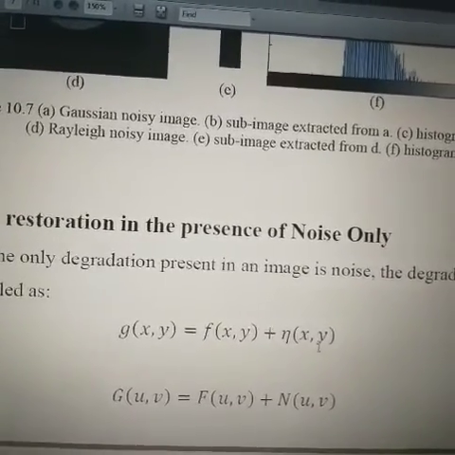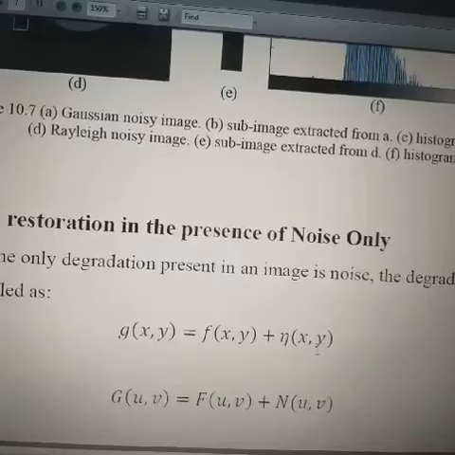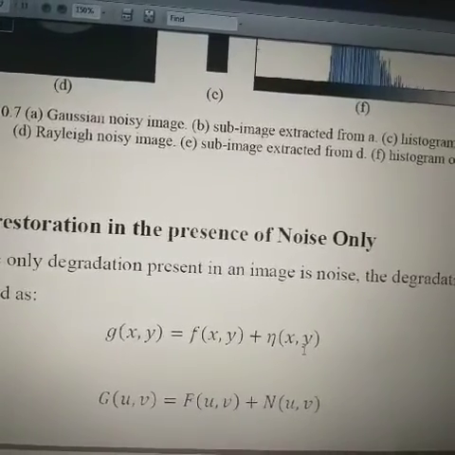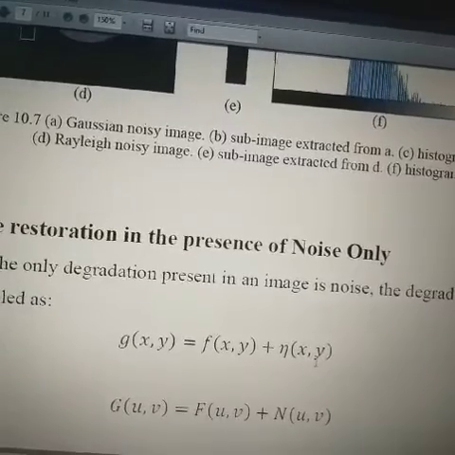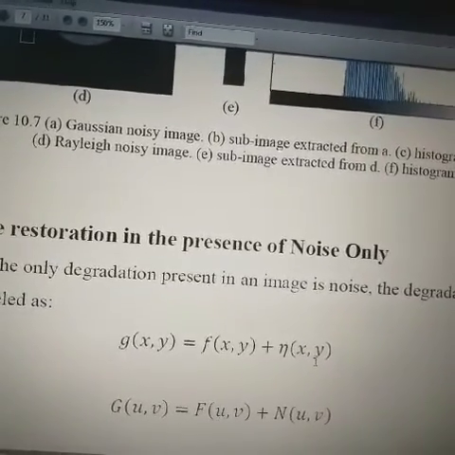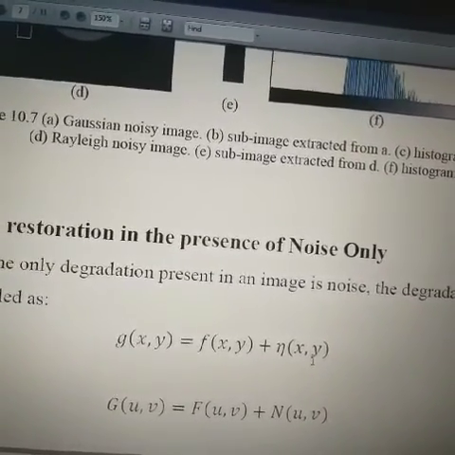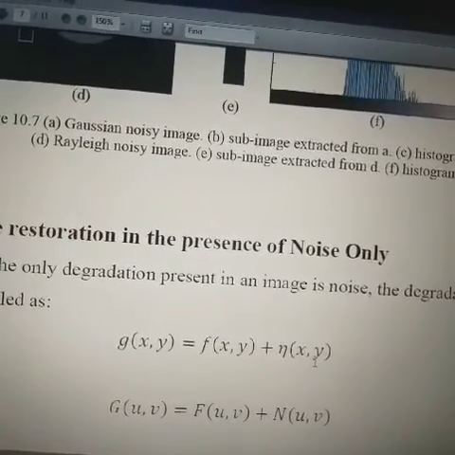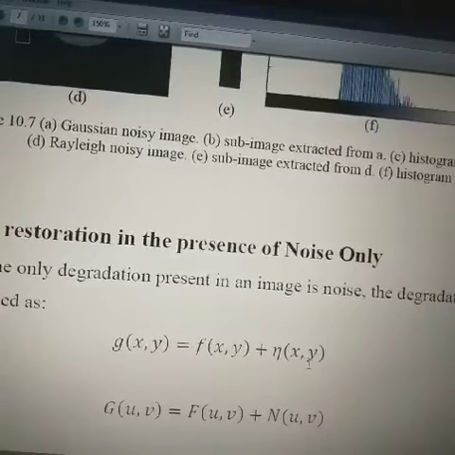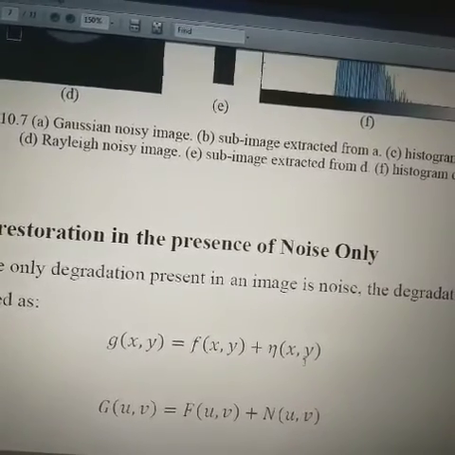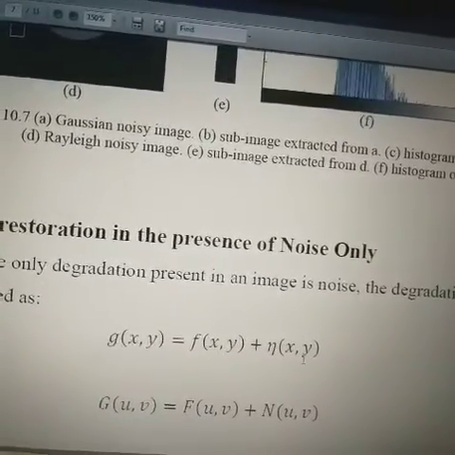Previously we discussed the degradation and the restoration process. In both cases, the main equation in the spatial domain is g(x,y) equals f(x,y) convolved with h(x,y), the degradation function, plus the additive noise.